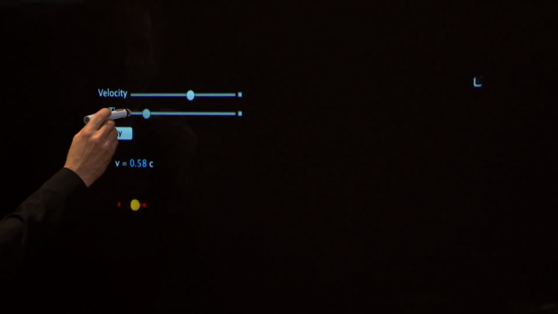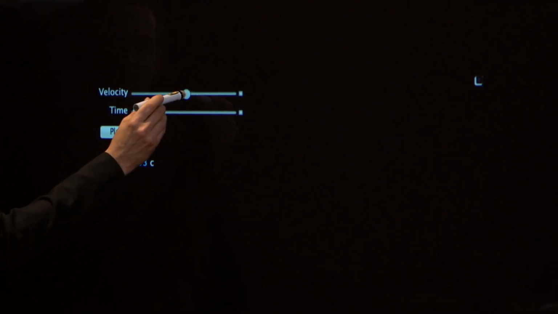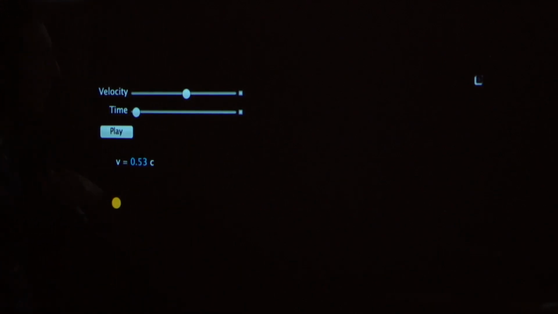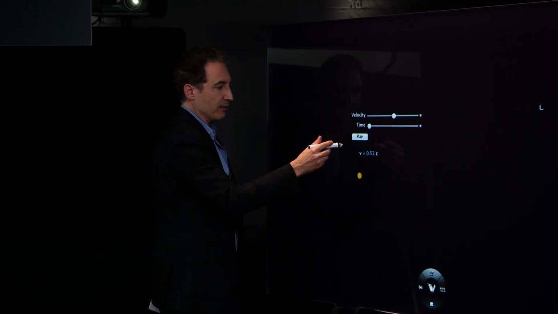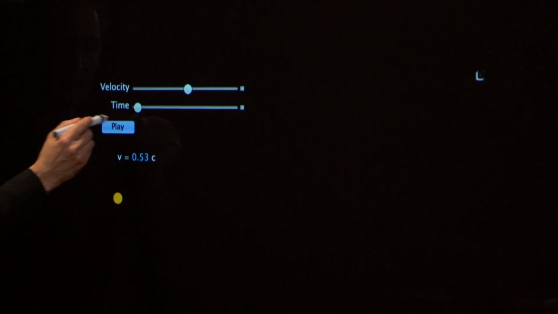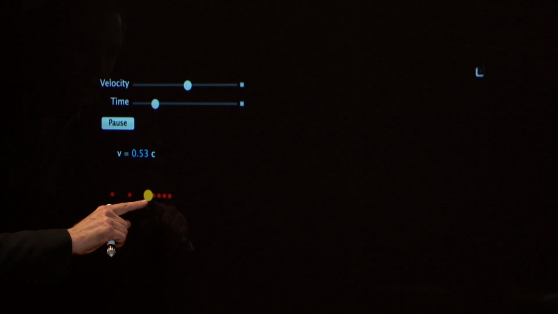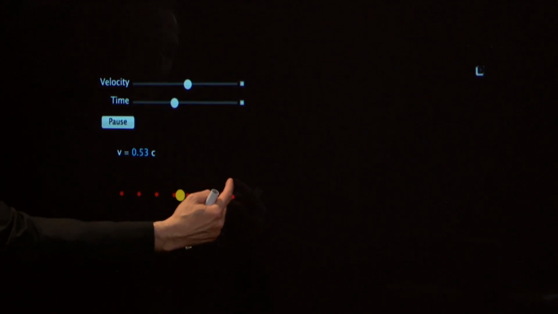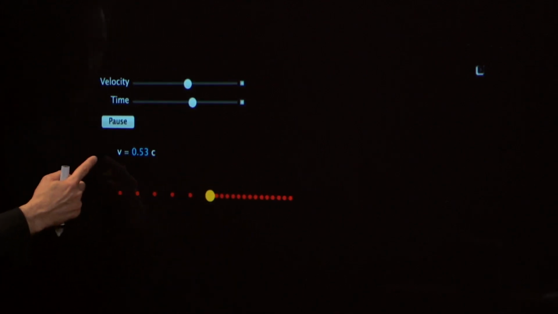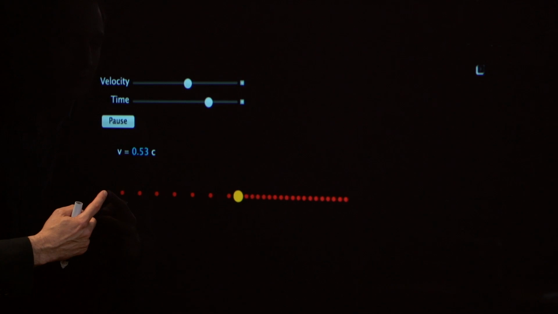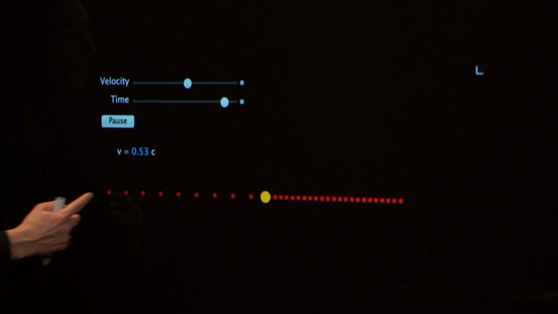So here we have the velocity of a source, and I'm going to have the source throw out flashes in both directions. And you will note that the flashes on this side are piling up, so a person here would get them quickly. 1, 2, 3, 4, 5. Someone over here, very slowly. 1, 2, 3, 4, 5.